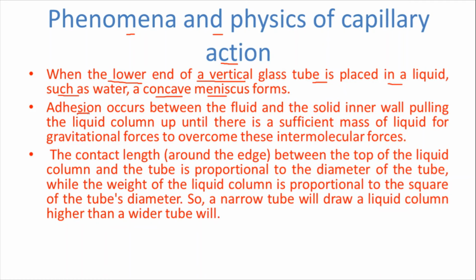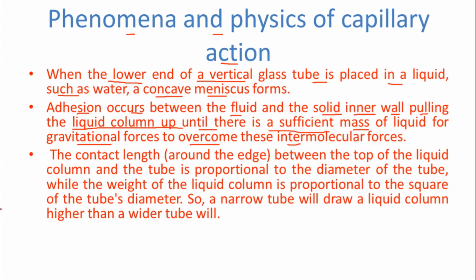The adhesion occurs between the fluid and the solid inner wall of the tube, pulling the liquid column up until there is sufficient mass of liquid for the gravitational force to overcome these intermolecular forces.